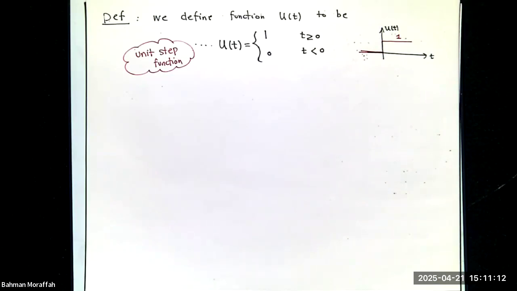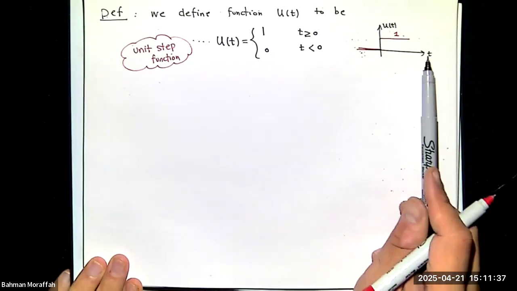What does this function remind you of? Isn't it the same as a switch? If you remember, if you had a circuit with a switch, for times greater than some initial time, t naught, the switch was closed and operating, which is the same as this portion of the graph.